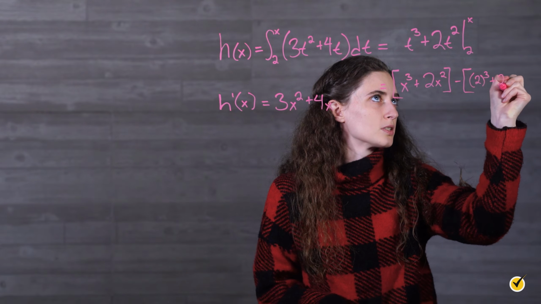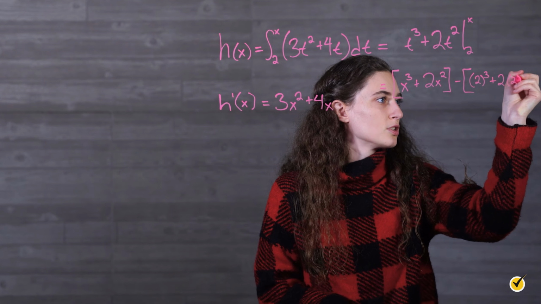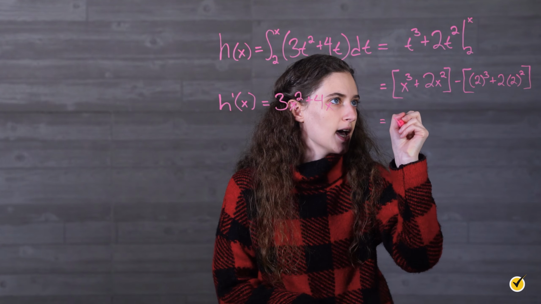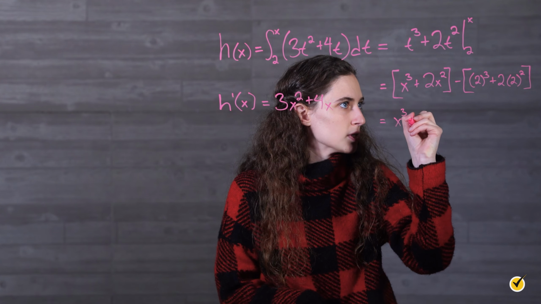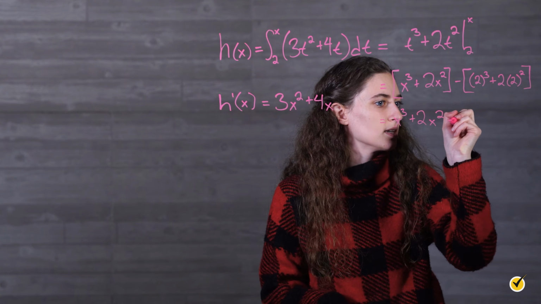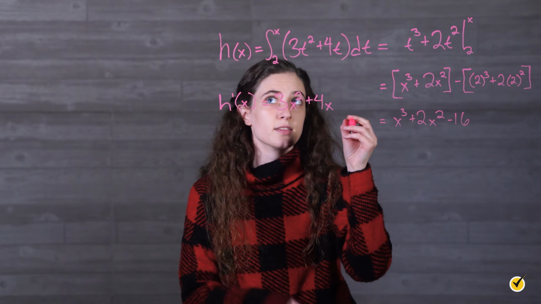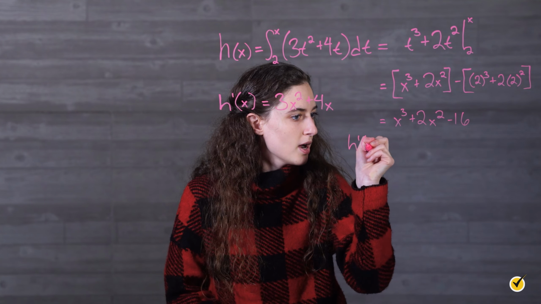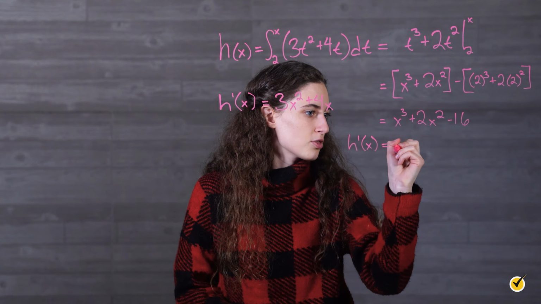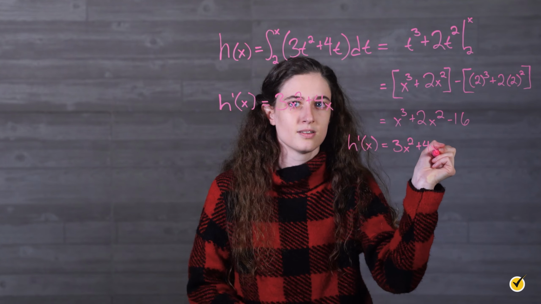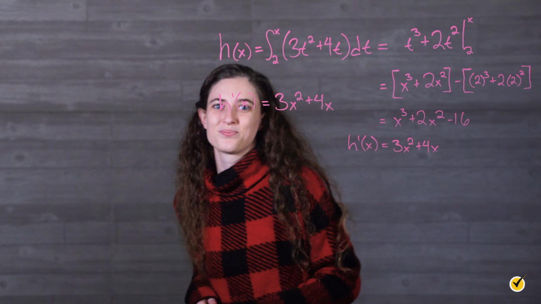So we have 2 cubed plus 2 times 2 squared, which gives us x cubed plus 2x squared minus 16. And then, remember, this is h of x, so when we take the derivative of this, we'll have h prime of x is equal to 3x squared plus 4x, which is the same thing we found over here.